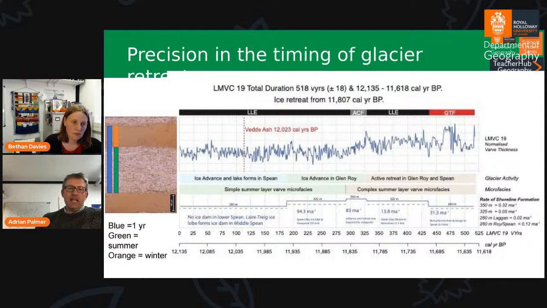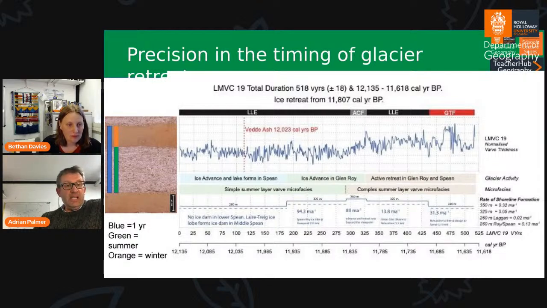And that basically is a 500-year, well, it's 518 years, might as well be precise if you can count these things at annual intervals. So it's 518 years of a glacial record from Scotland when glaciers were last on the British Isles.